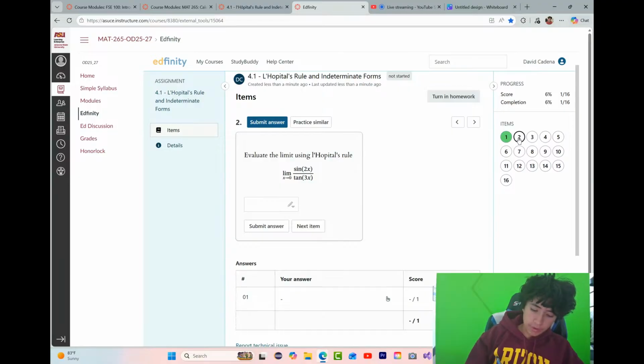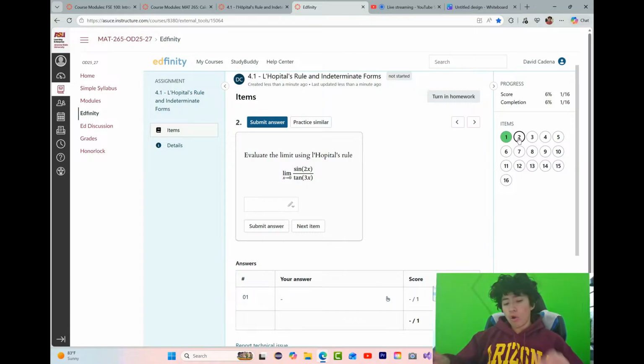So we have the limit as x tends to 0 of 2 times cosine of 2x over 3. Oh, wait, and the derivative of tangent was secant squared, I think. 3 secant squared of 3x.